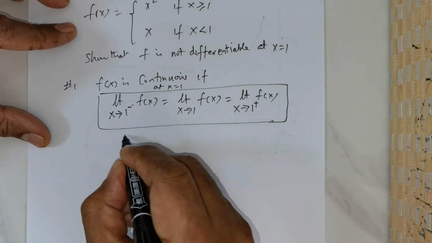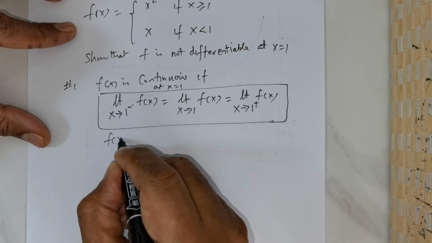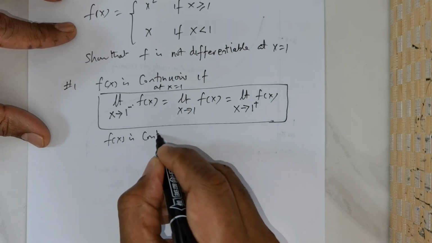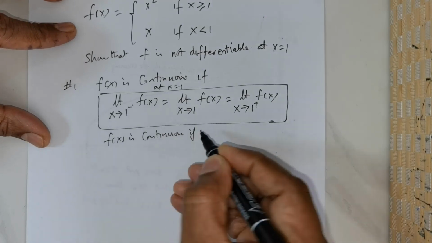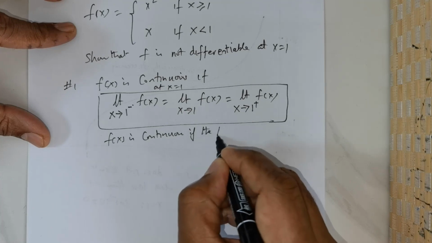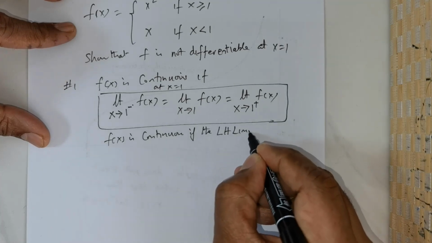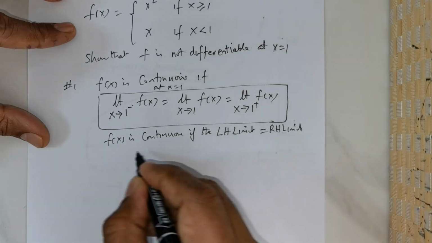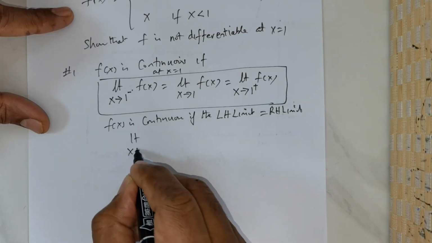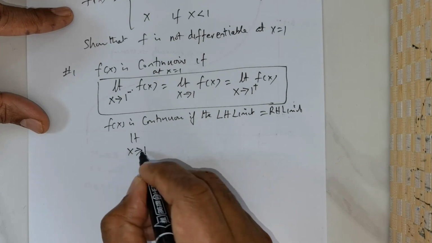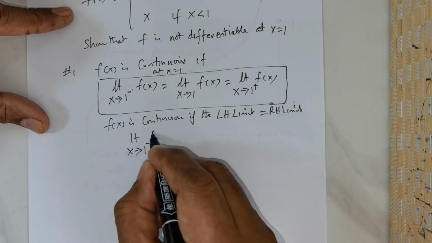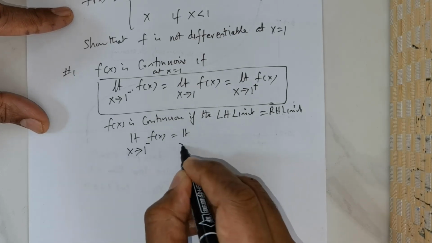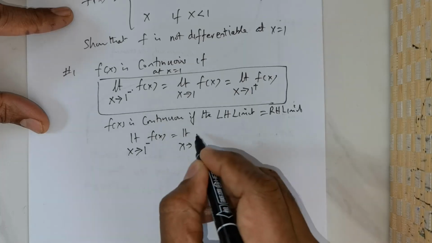Now in short, f of x is continuous if the left hand limit equals the right hand limit. So what I'm trying to tell you here is that limit x tending to 1 from the left hand side should be equal to limit x tending to 1 from the right hand side.